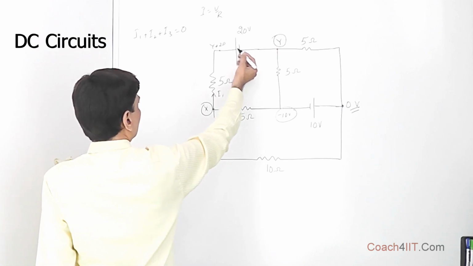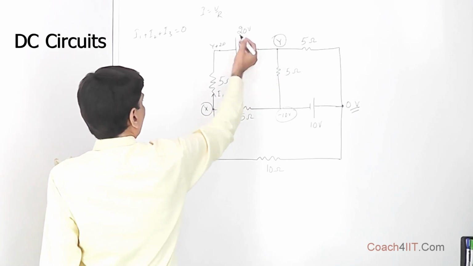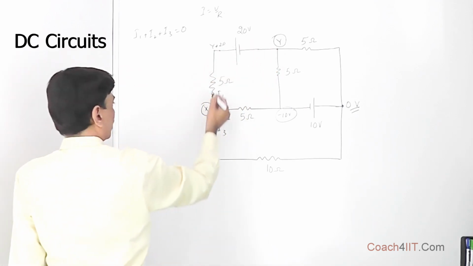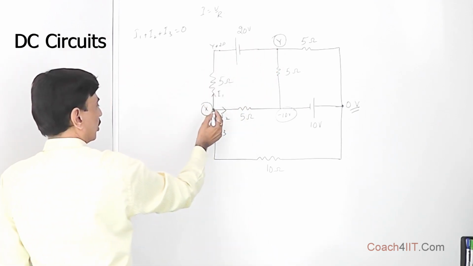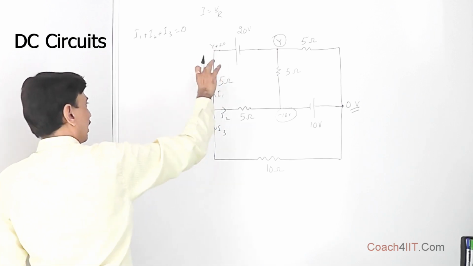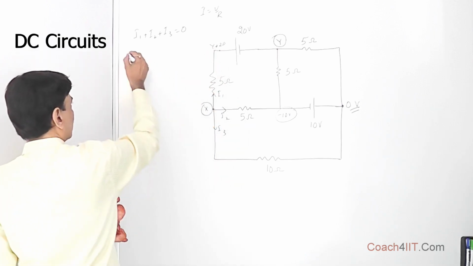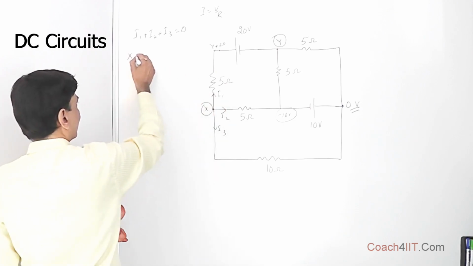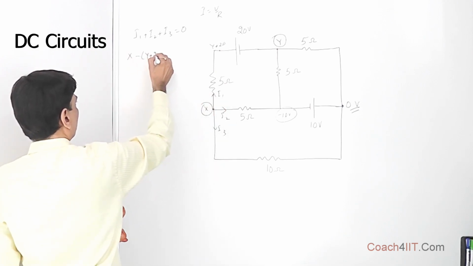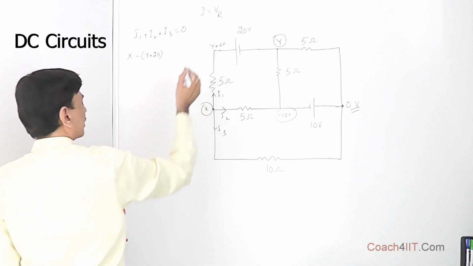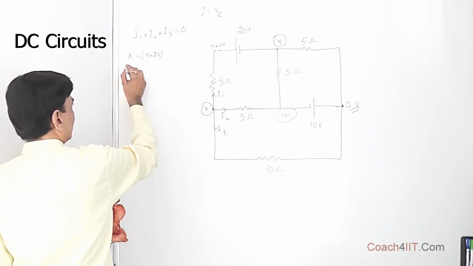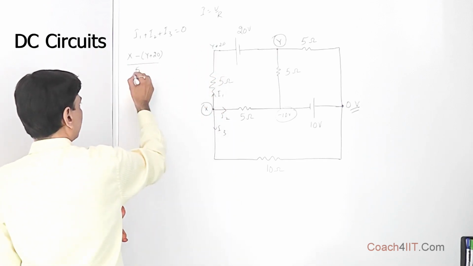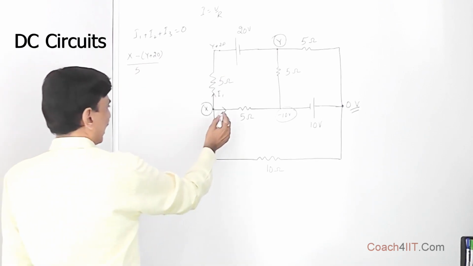The current is moving in this direction, so the potential of this is greater than the potential of this. Across the resistor, the potential difference is X minus (Y plus 20), divided by the resistance 5, gives I1.